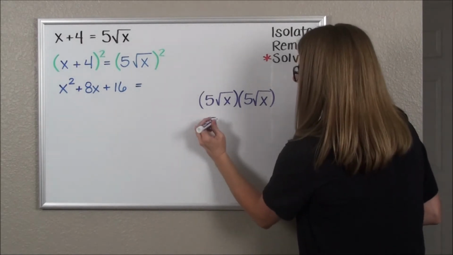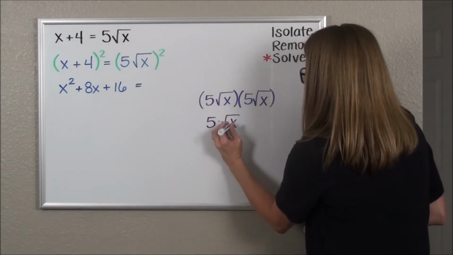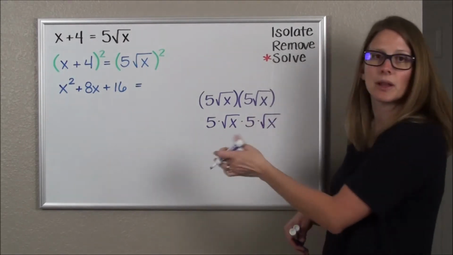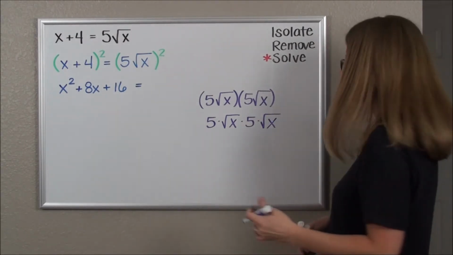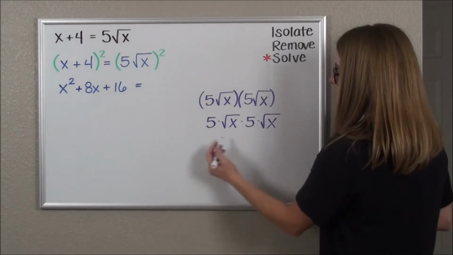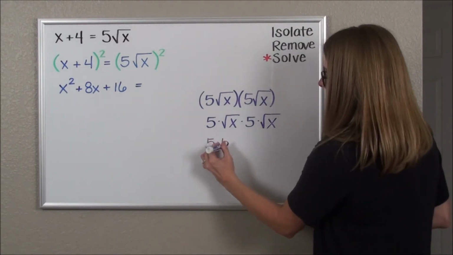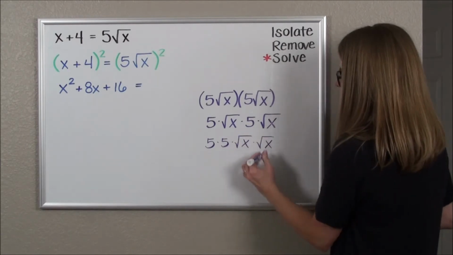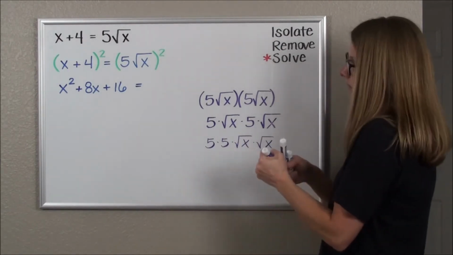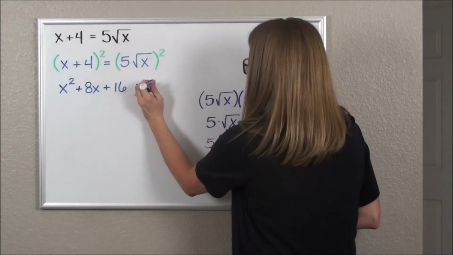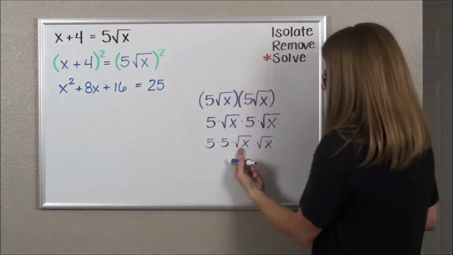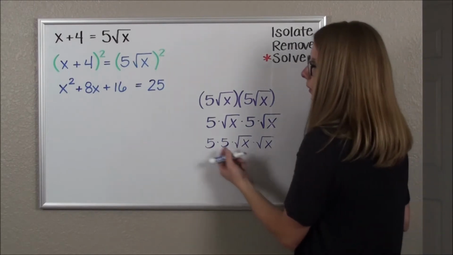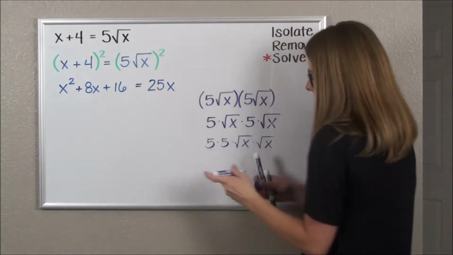This is really like saying 5 times square root of x times 5 times square root of x. I'm just multiplying all these things. I'm not adding or subtracting any of it. And so I can reorder this. I can say this is 5 times 5 times square root of x times square root of x. 5 times 5 would give me 25. Square root of x times square root of x is square root of x squared, which is just x.